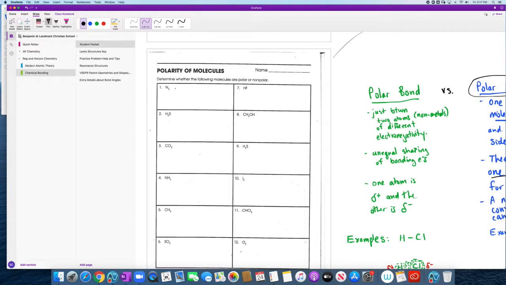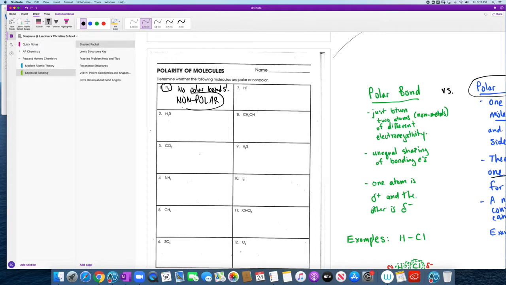So to summarize from that other video, we've already answered some of these. This is a non-polar molecule because there aren't any polar bonds at all. So if you don't have any polar bonds, it's going to be a non-polar molecule.